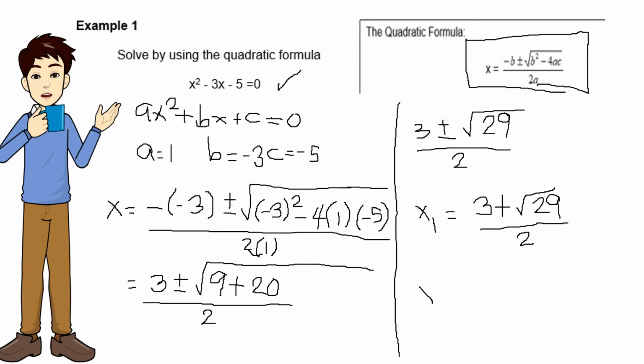Next, for x sub 2, gamitin natin yung negative sign. So we have 3 minus square root of 29 over 2. So these two, x sub 1 and x sub 2, serve as our solution for our given quadratic equation number 1.